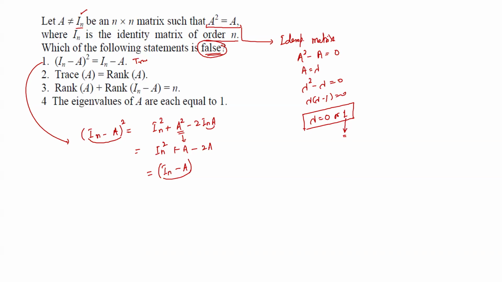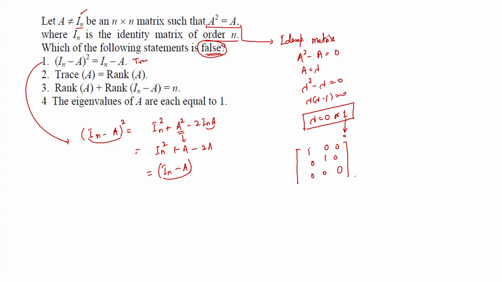And hence, we can say that if a matrix is, let it be a 3 by 3 matrix, and its 2 eigenvalues are 1 and let the third be 0, so the matrix can be written like this. Okay, so it is having 2 eigenvalues as 1, and so the trace of this matrix is how much? 2.